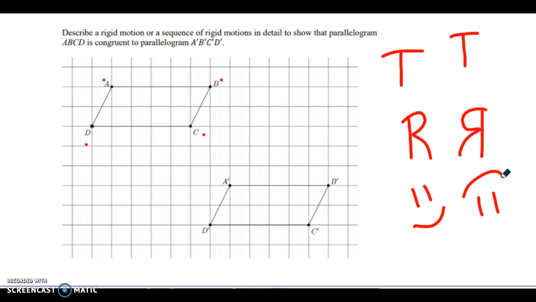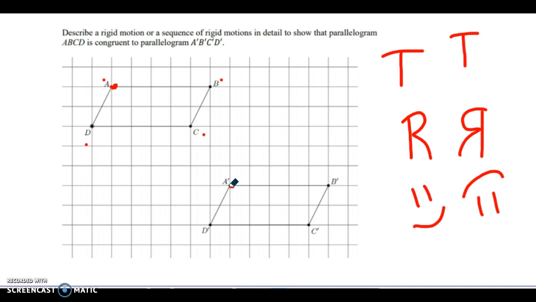So you kind of just have to look at the shape. This one, as you can see, has maintained its shape, so it's pretty easy to decide that this has been translated, which means slid. Now we have to be specific. Let's look at our first coordinate of A and see where it translated to. How many units did it translate and in which direction?